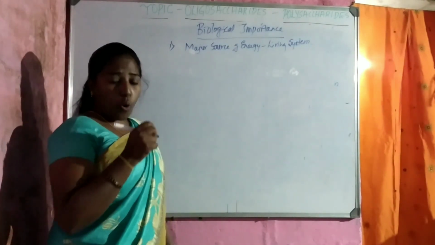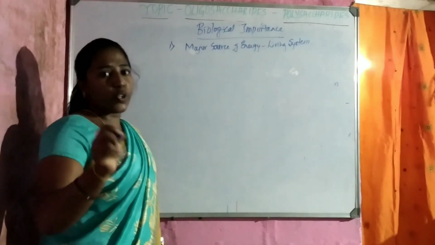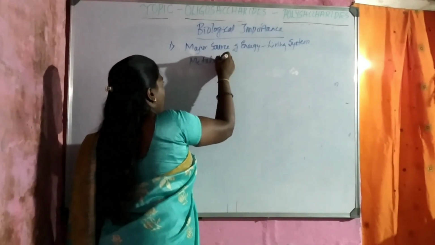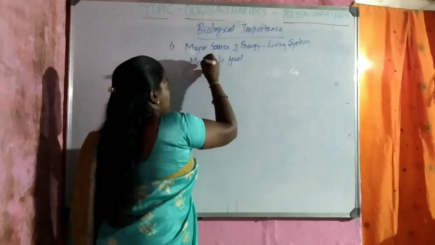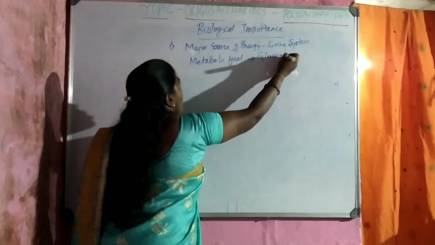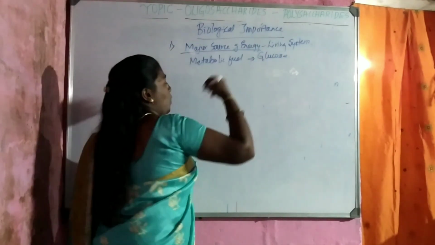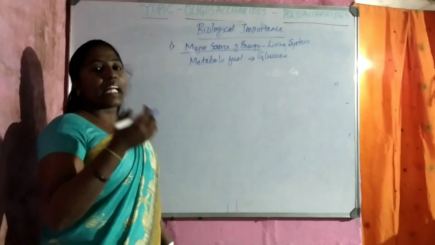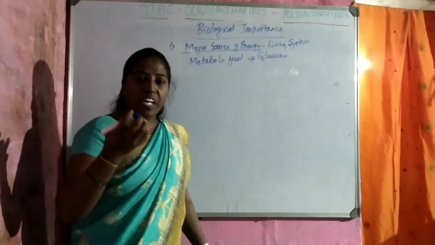Hence, they are also called metabolic fuel. They are called what? Metabolic fuel. The best example for that is glucose. So, major source of energy. When we consume food, it will be simplified into glucose. That glucose will be utilized by your cells.